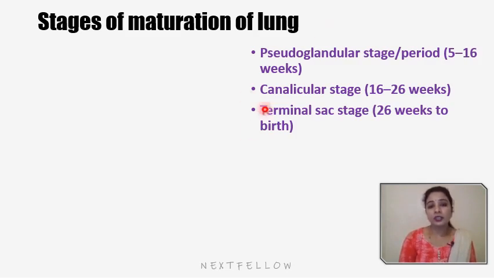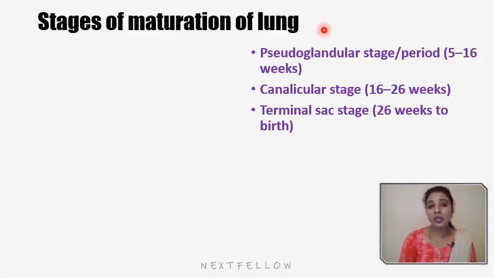Next, about the third stage, the terminal sac stage, that is 26 weeks till birth. In this period a large number of terminal sacs, that is primitive alveoli, develop, and the capillaries also proliferate and form plexuses around the terminal sacs.